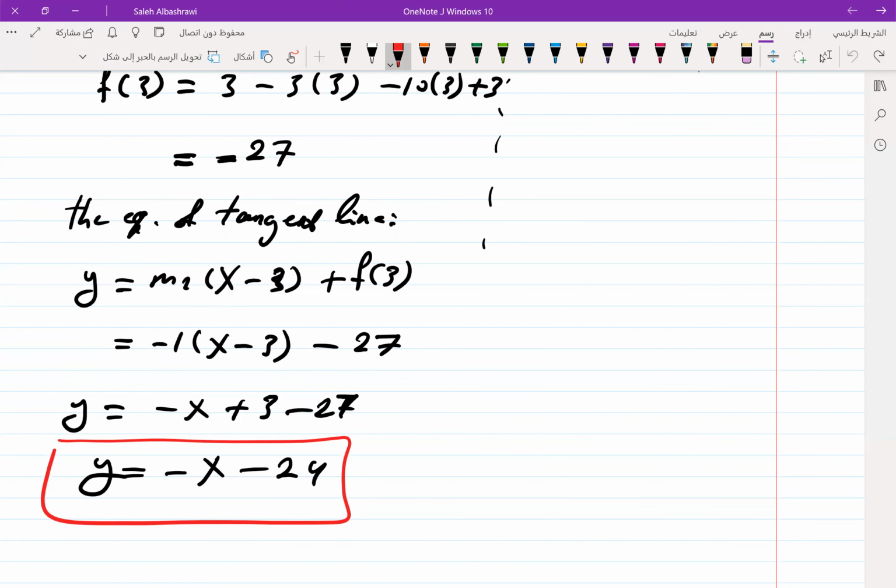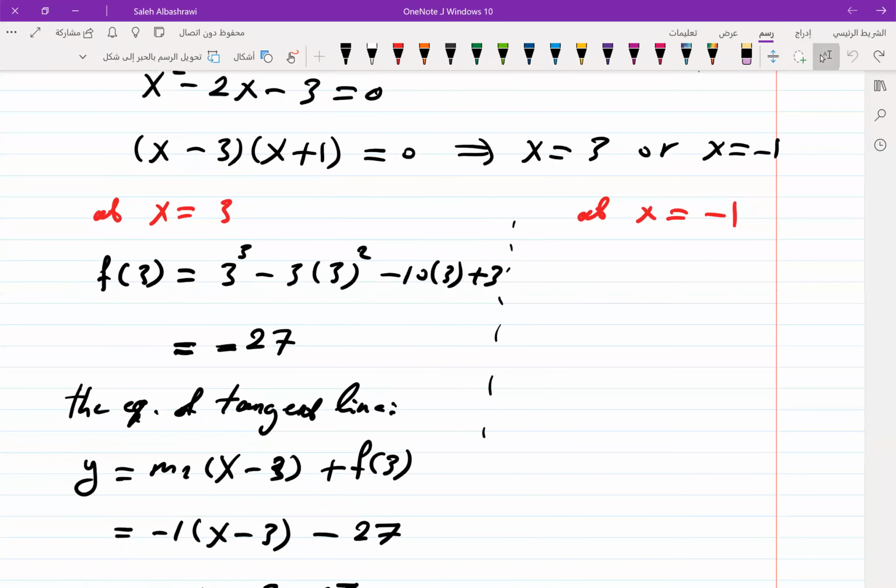For the second point, it is the same. We need to find f of minus 1. That will be minus 1 to the power 3 minus 3 times minus 1 to the power 2 minus 10 times minus 1 plus 3.